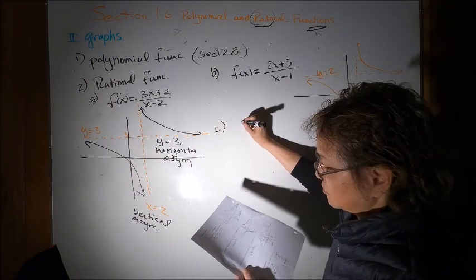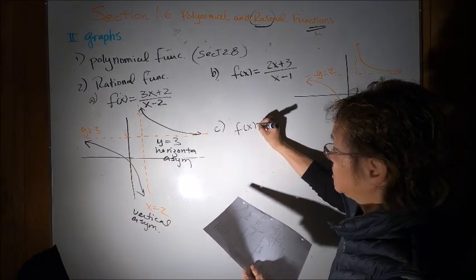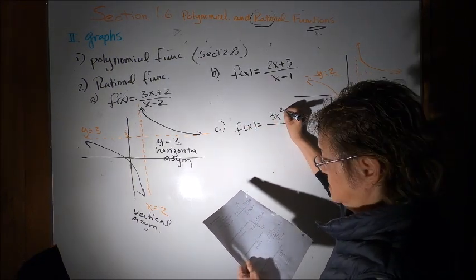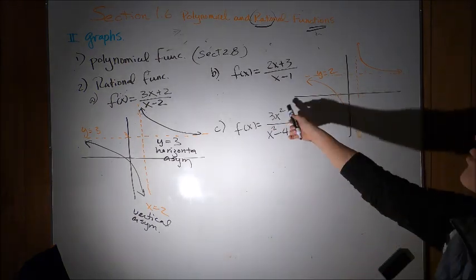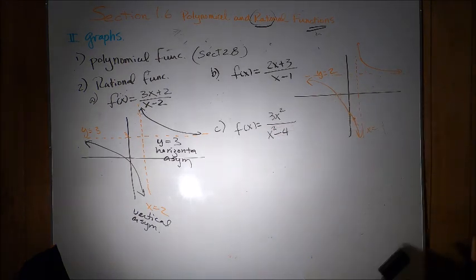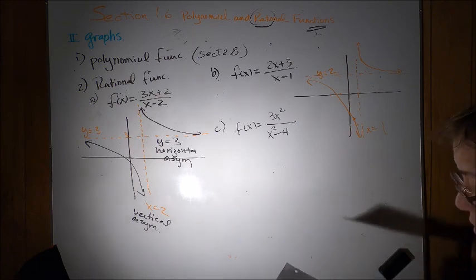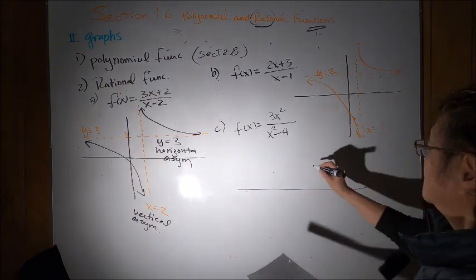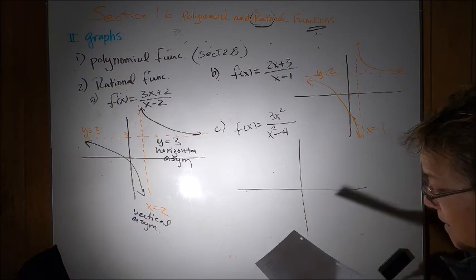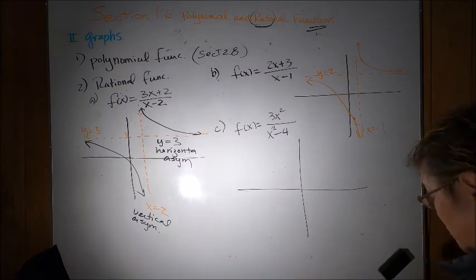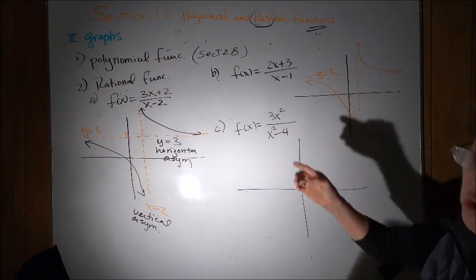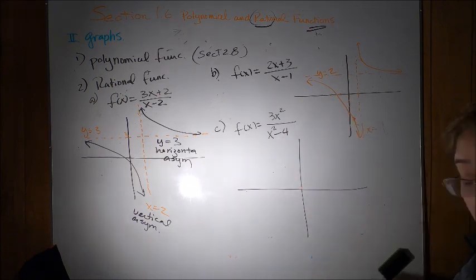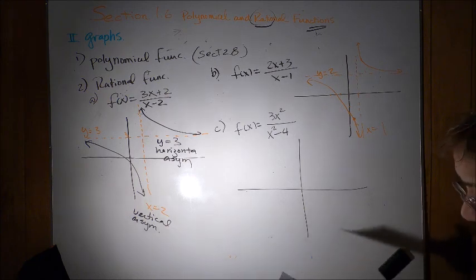If you look at this one, f of x equals 3x squared over x squared minus 4, what do we have? A rational function. Okay, so graph it using a computer or calculator, and you will find out it will look like this. You need to type it in, try it out and actually see it.